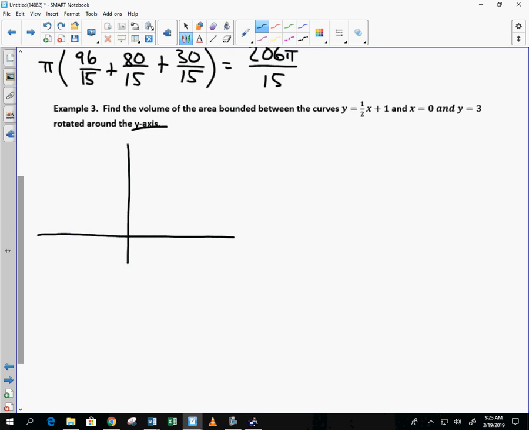X equals 0 and y equals 3. What is x equals 0? It's just the y-axis, so we're going to bound it here. Y equals 3. 1, 2, 3. Like that, right? And y equals 1 half x plus 1.